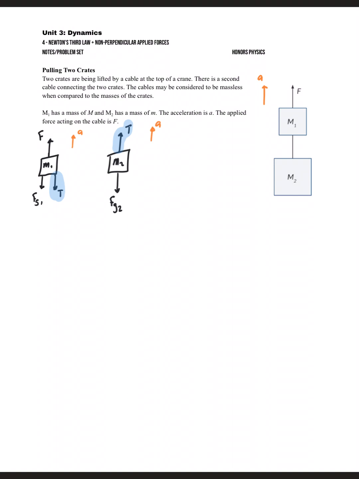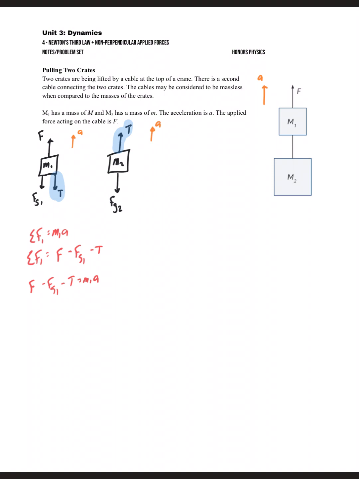So net force for the first object is M1 times A. It's moving up in the positive direction. And once again, the net force is the interaction of the force pointing up, Fg1 pointing down, and tension pointing down. So when I plug those in, I get F minus Fg1 minus tension equals M1A.